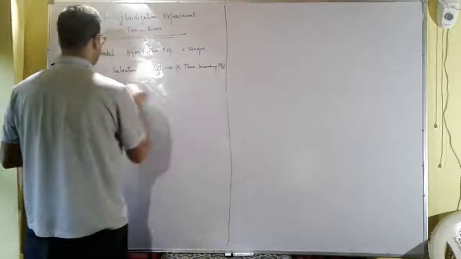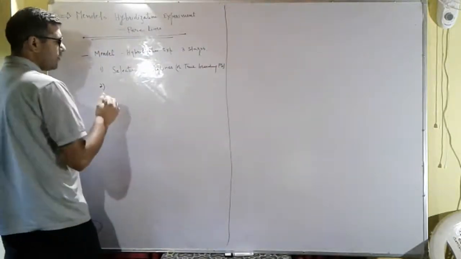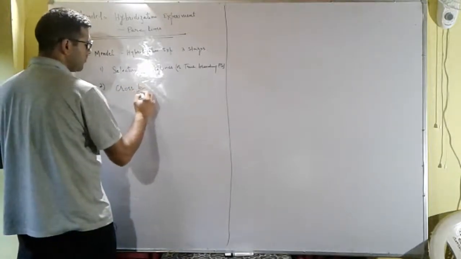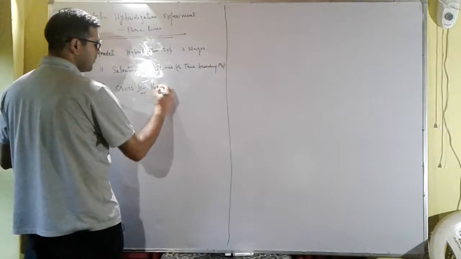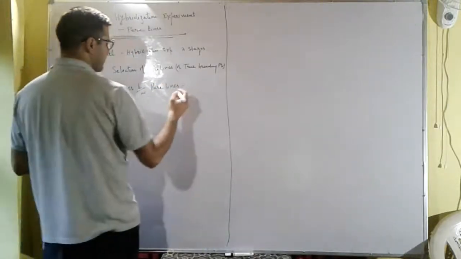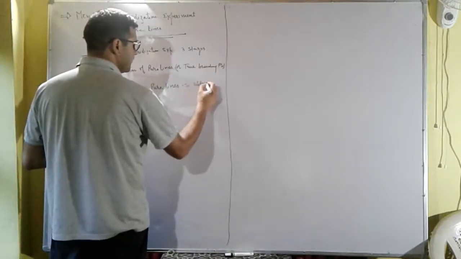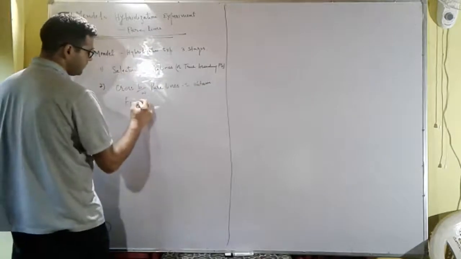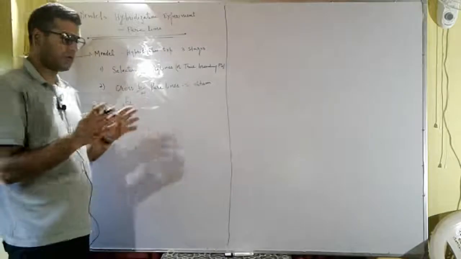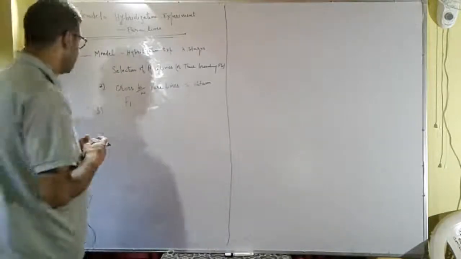Second is a cross between pure lines to obtain the F1 generation. Then first selection of pure lines, then cross between pure lines to obtain the F1 generation.